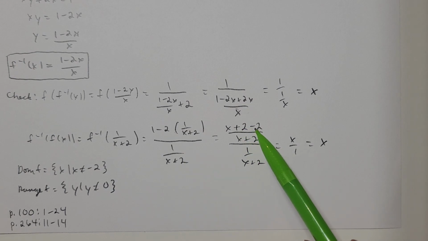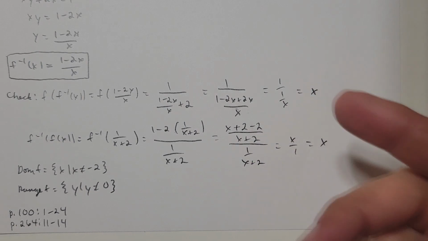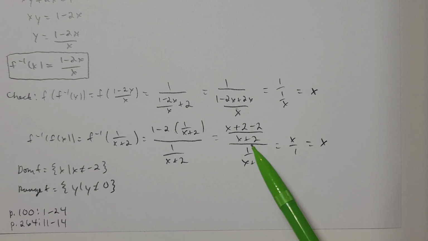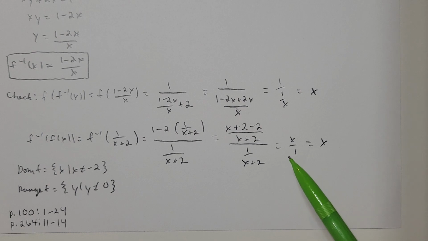X plus 2 minus 2 is the same thing as x. X divided by 1 over x plus 2 means that if I flip the denominator, the x plus 2's cancel. Because I've got x times x plus 2 over 1. That's the same thing as x over 1, or just x.